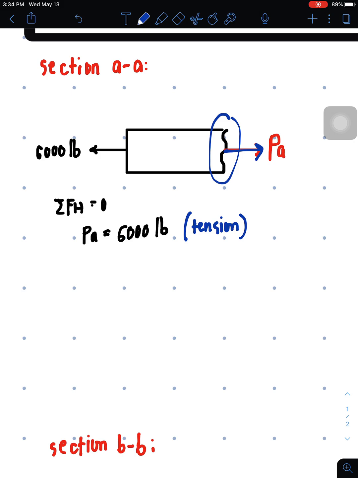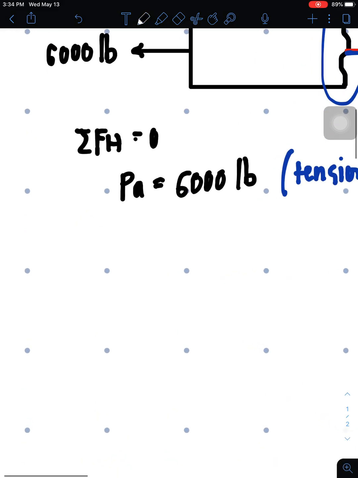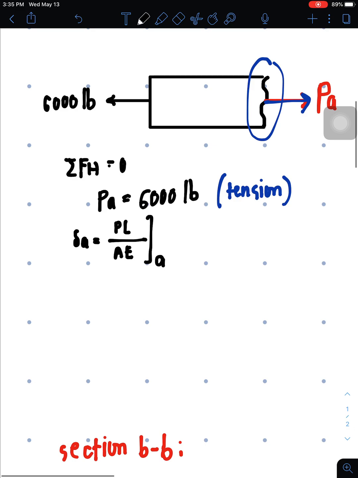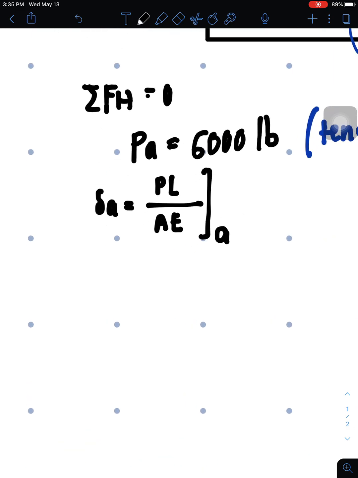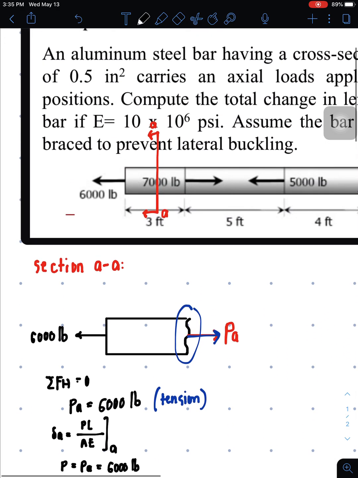Since we have an axial force, we might as well get the deformation. The deformation under section A is equal to PL over AE for section A. What is the P for section A? The P for section A is just equal to PA, and that is 6,000 pounds. How about the length of material A?